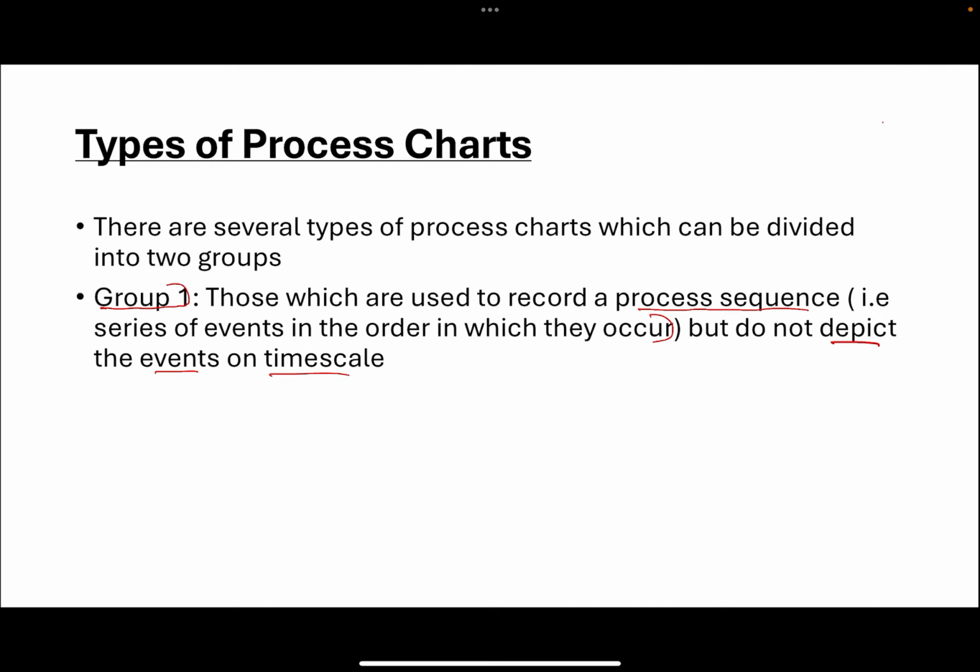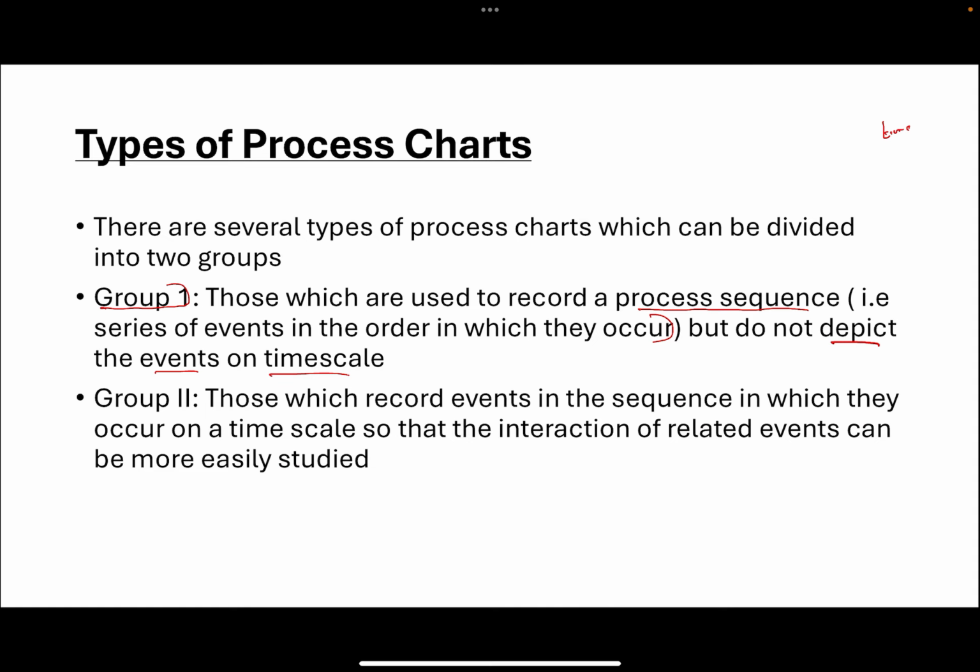So we are not using a time scale in group 1 charts. In group 2 we are using a time scale. So here also we record events in the sequence in which they occur on a time scale, so that the interaction of related events can be more easily studied. If you are recording on the basis of a time scale, then this interaction can be easily studied.